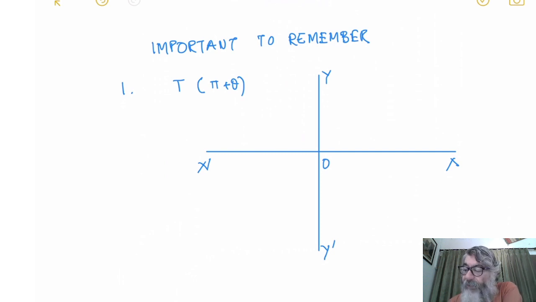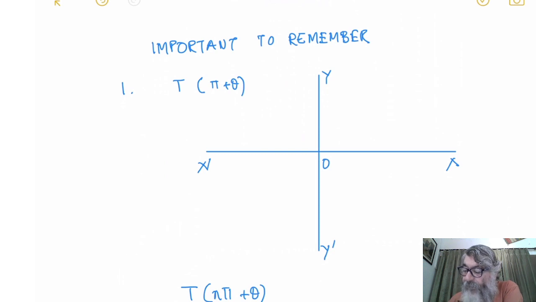If I am adding anything to this line, what are the angles falling here? As I said, n pi. So we are taking any values like n pi plus theta.